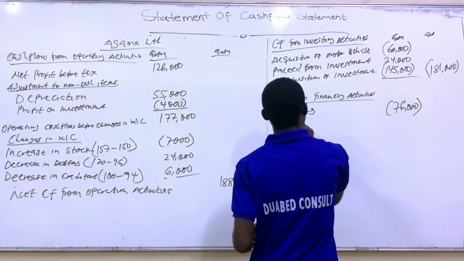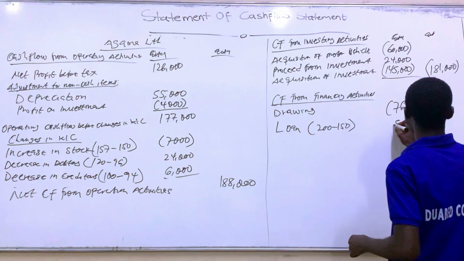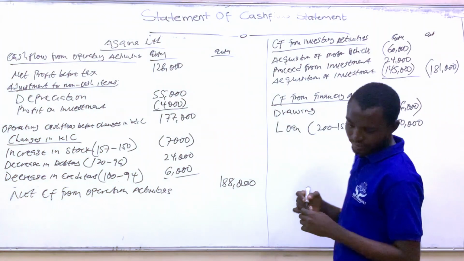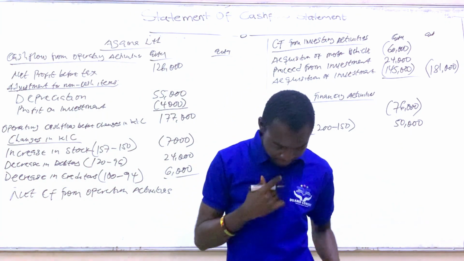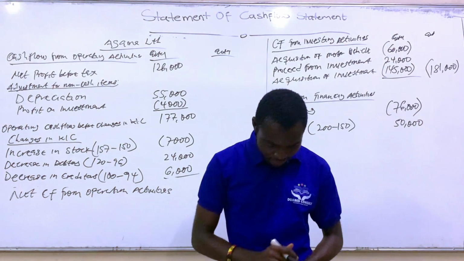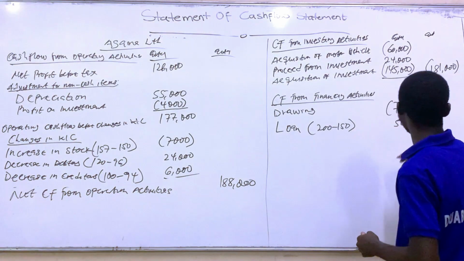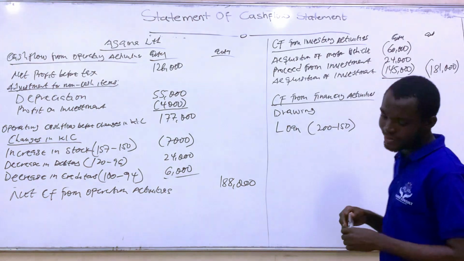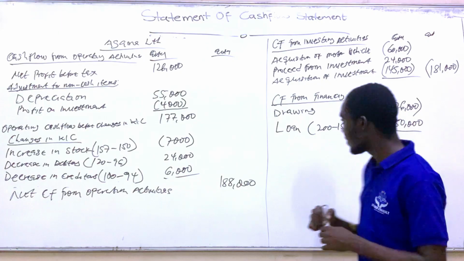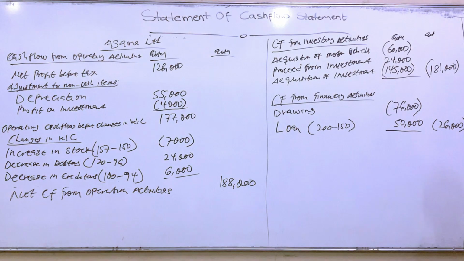So loan, that's the difference between 200,000 and 150,000, you get 50,000. So that's all for financing activities. You find the difference between the 50,000 and the negative 76,000, and this will give us negative 26,000. So negative 26,000 is the net cash flow from financing activities.